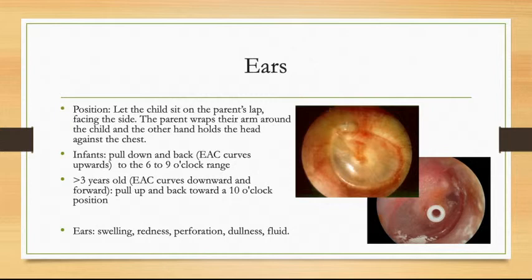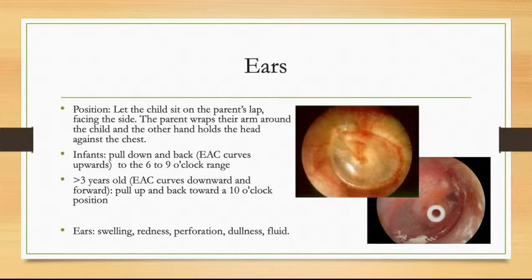In infants, because the auditory canal curves upwards, you have to pull the ears down and back. If they're older than 3 years old, this is when the canal curves downwards and forwards like normal people. You can pull up and back.